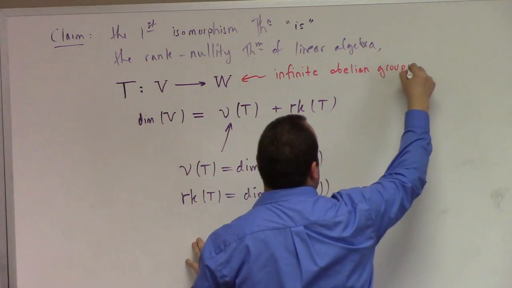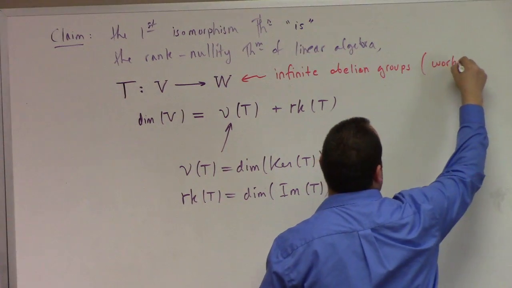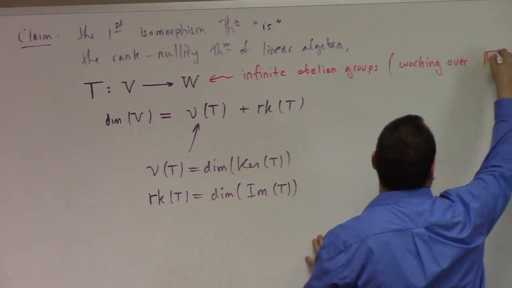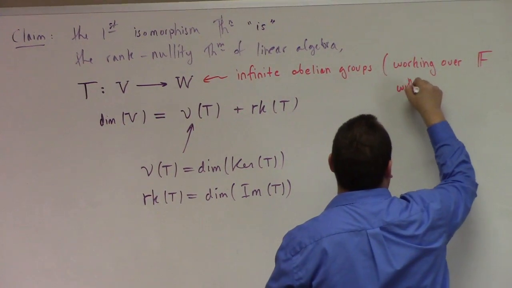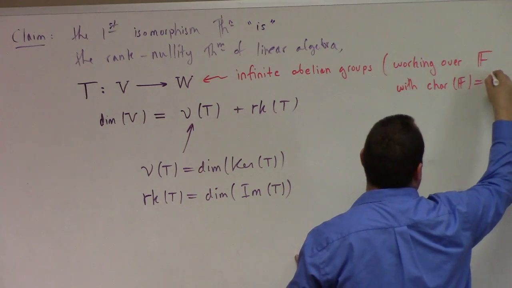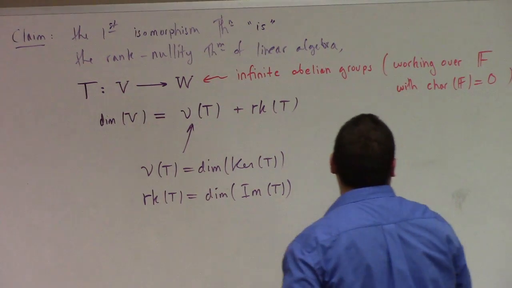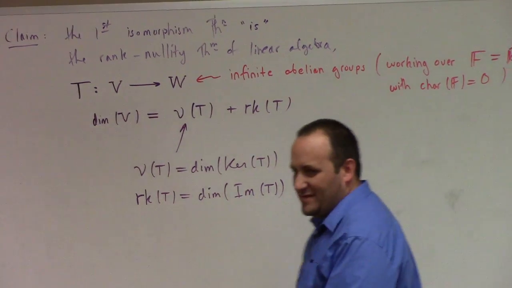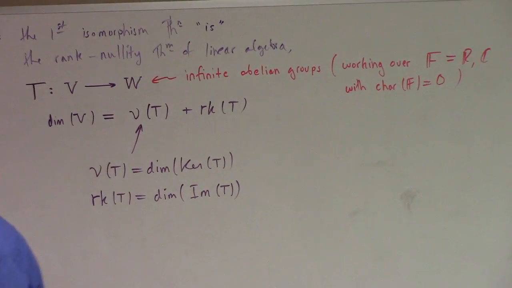I'm assuming that we're working over F with characteristic 0. Let me be less opaque: F is equal to the reals, or the complexes, or possibly the rational numbers. It's an infinite field. So these are infinite abelian groups.